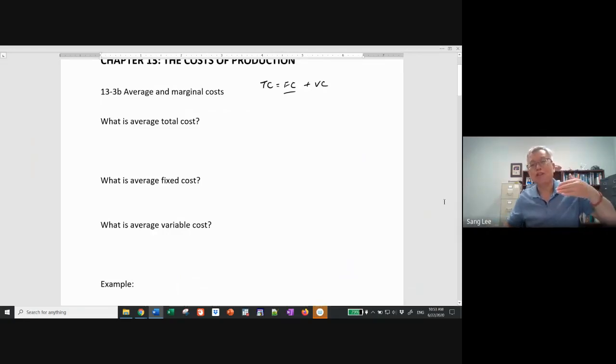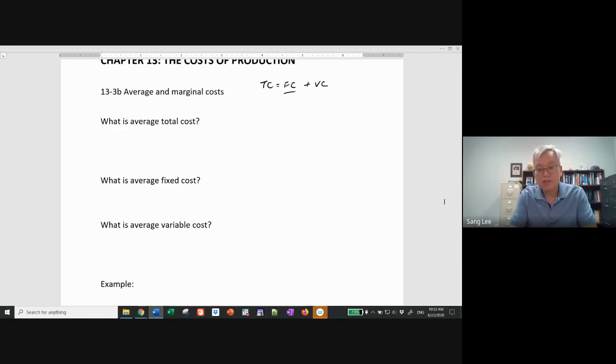Some expenses will grow as you produce more output. And those expenses will decrease as you produce a lower level of output. And we call such expenses variable cost.